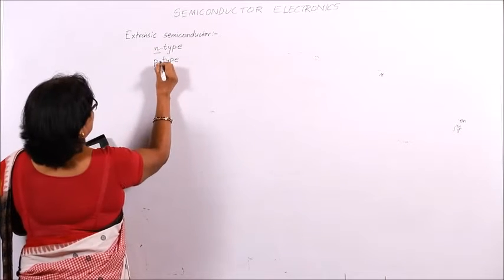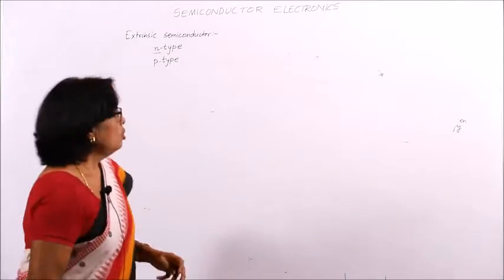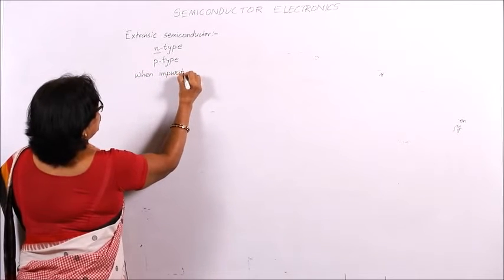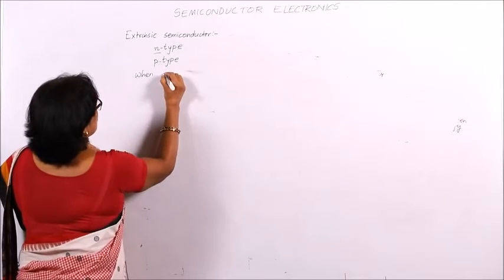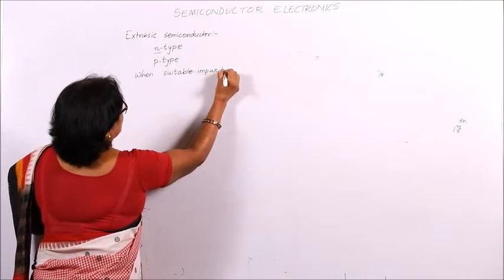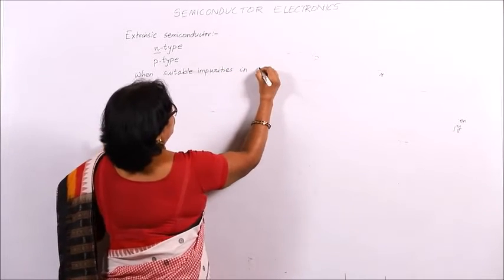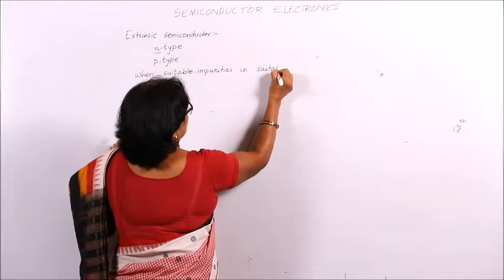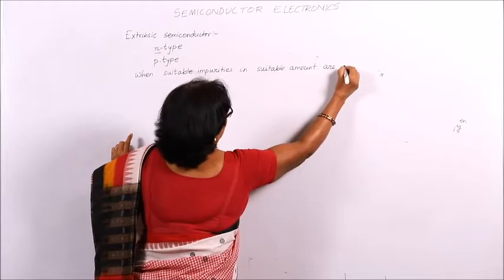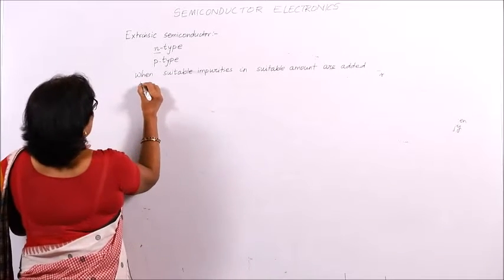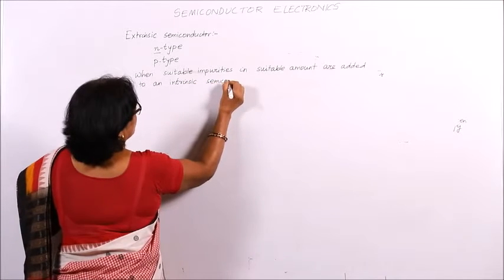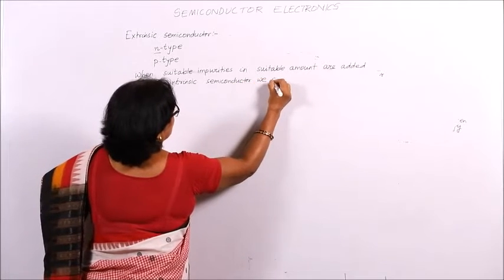Why they are N and P type, that I will tell you. So when impurities are added, not only simple impurities, suitable impurities, in a calculated or suitable amount, to an intrinsic semiconductor, we get an extrinsic semiconductor.